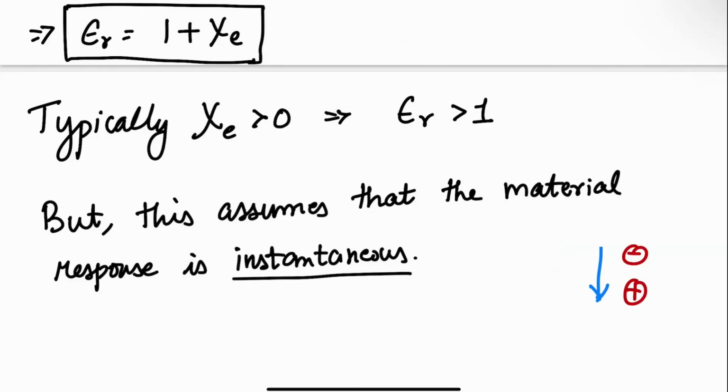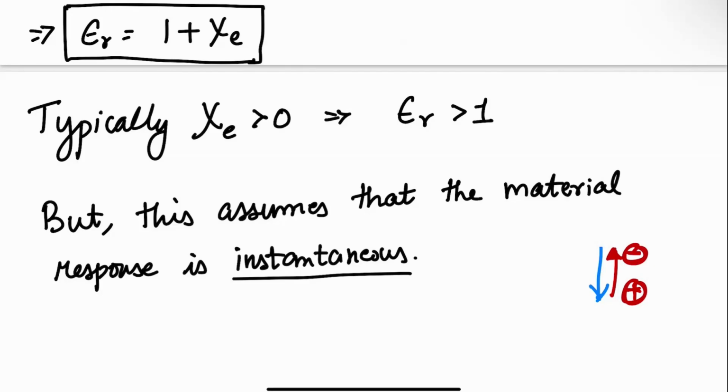But within that 1 second, before they even got a chance to respond, if I flip this electric field this way, so it got flipped. So this electric field is oscillating so fast that the delay in response makes it look like when the electric field has flipped, this electron and proton are still out here, which means now it looks like the electric field is flipped and the electron has gone in the direction of the electric field, right?